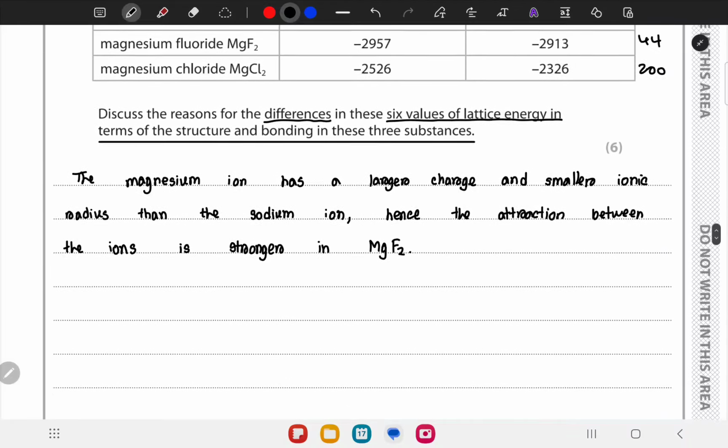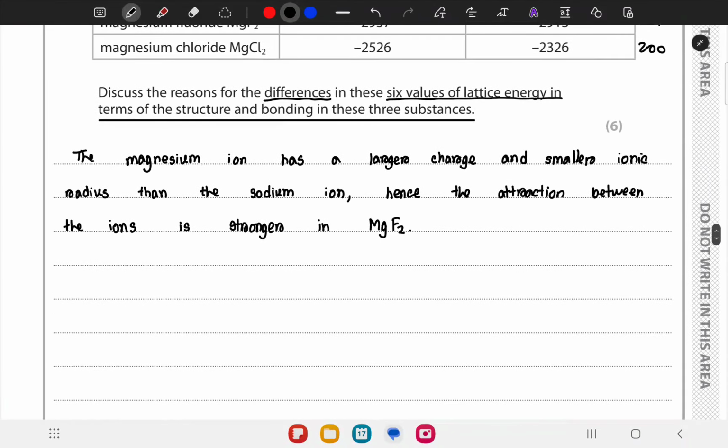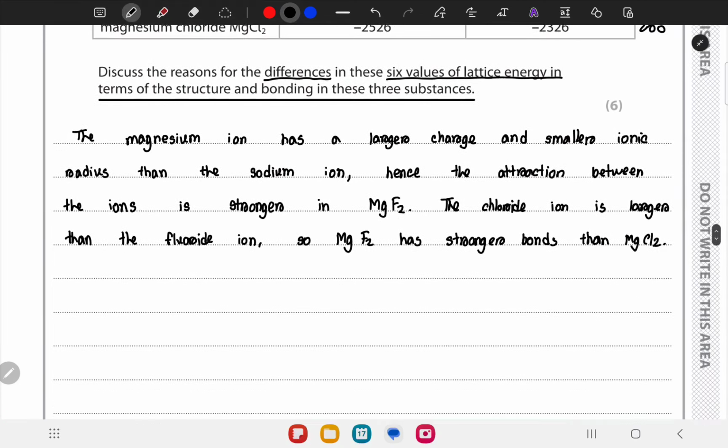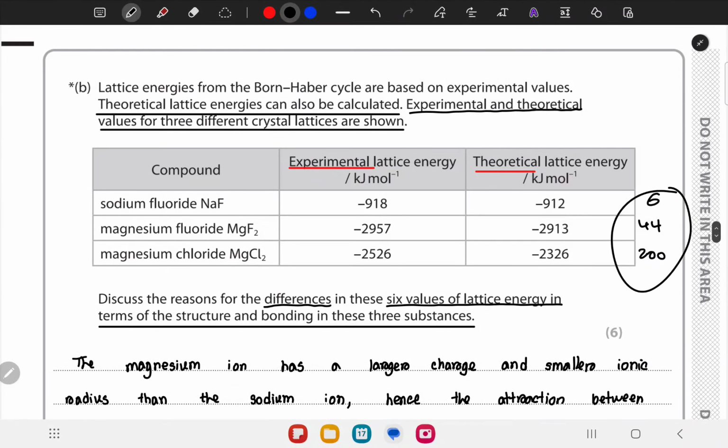If we write that down, we can say that now we'll talk about the polarizing power and the change in the differences.